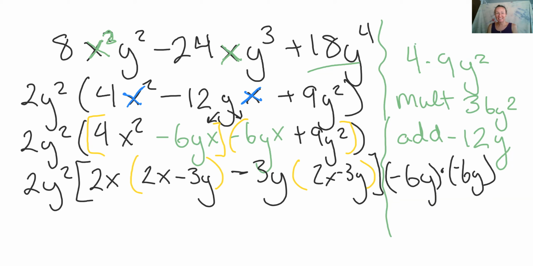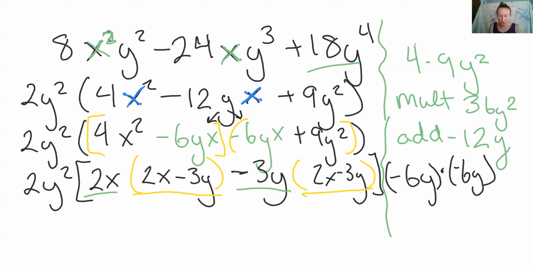Now we can finally factor that common factor of the 2x minus 3y. That's the factor in yellow. We can factor that off of our two terms. But notice what's going to remain is a 2x minus 3y when I factor off the common term of 2x minus 3y. Okay.